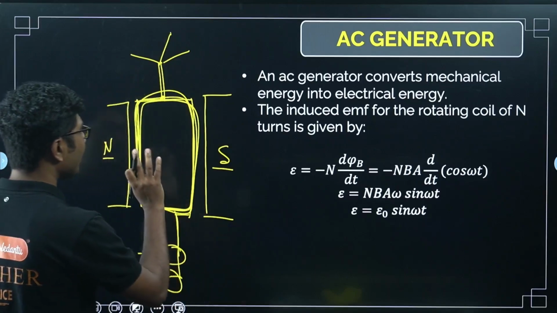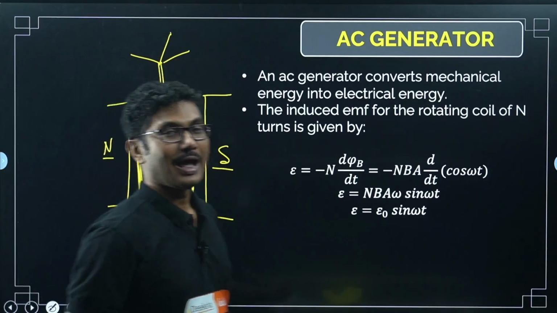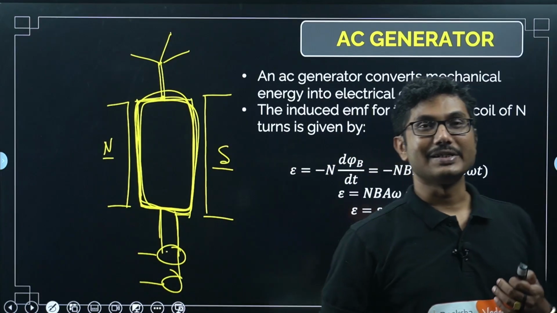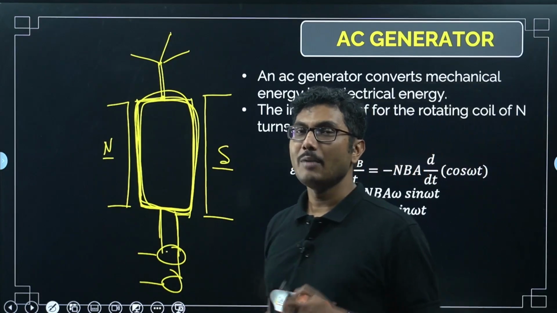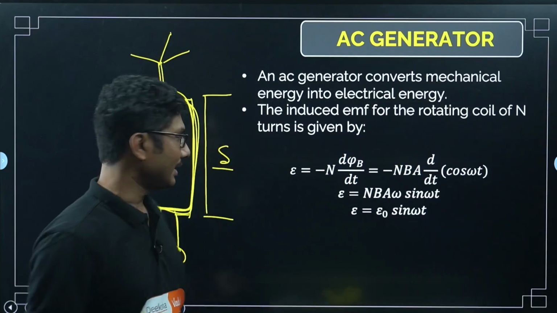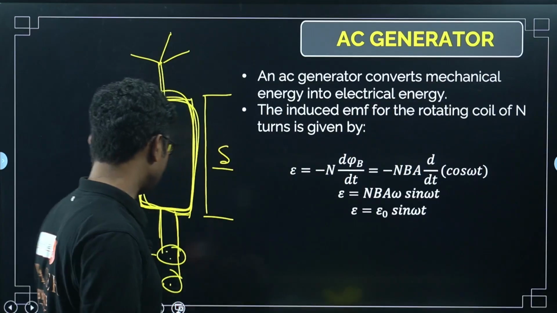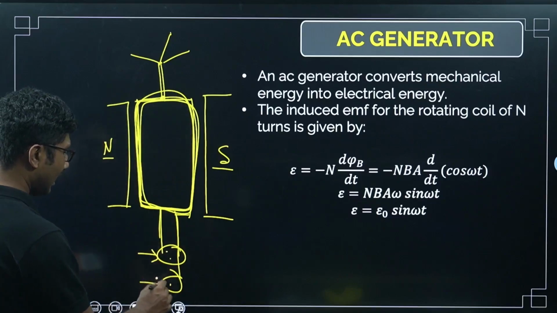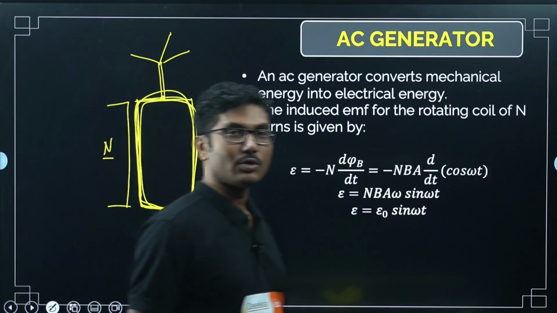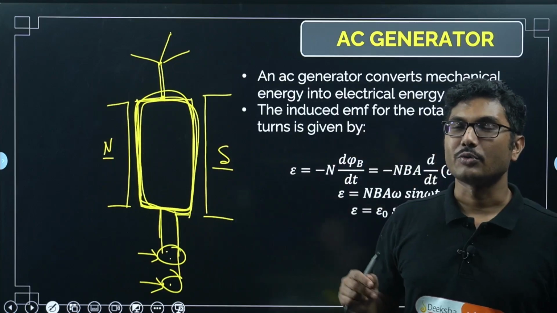Once this coil rotates, there is a magnetic field, and we know that when the magnetic field is changing in a coil, it will produce an EMF. That EMF is produced here, and we collect it from this, and then it is supplied to our homes or to factories to do some work.